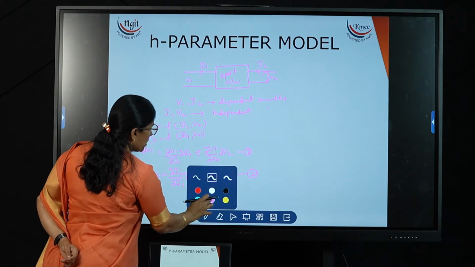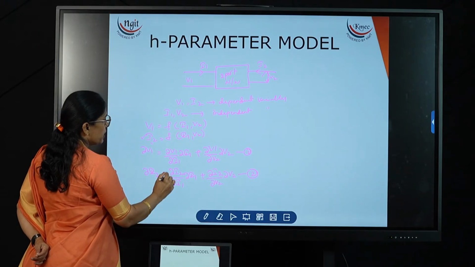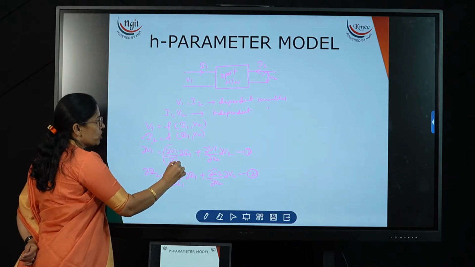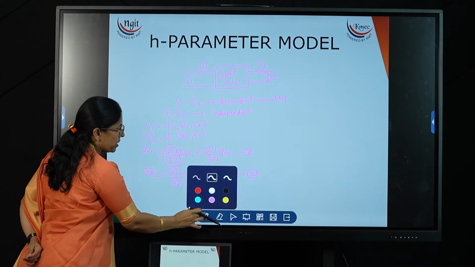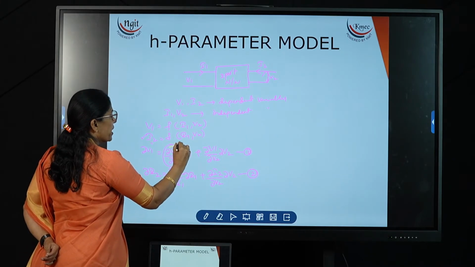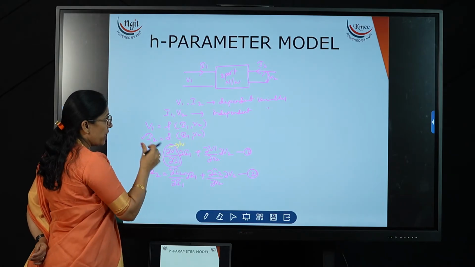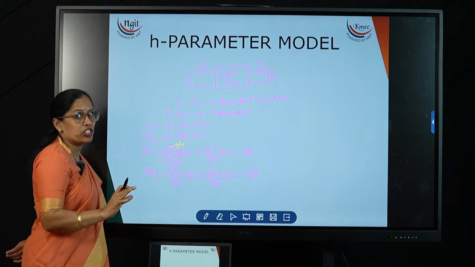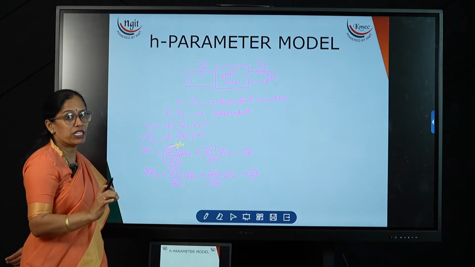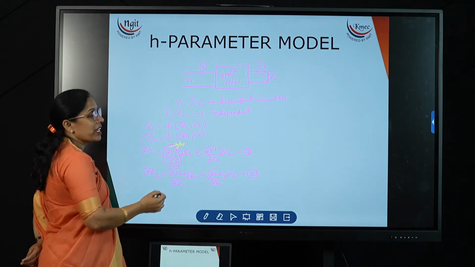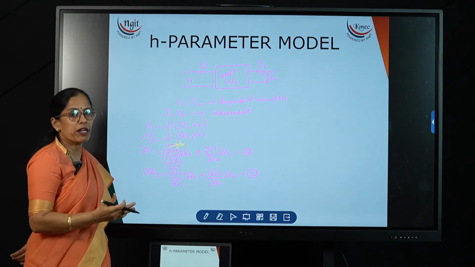Now if you see here, the ratio of change in input voltage to the change in input current, I am writing as H11. Why do I represent it as an H parameter? As I already said, because of the different dimensions we denote it with H, and H stands for hybrid, because mixed parameters are there.